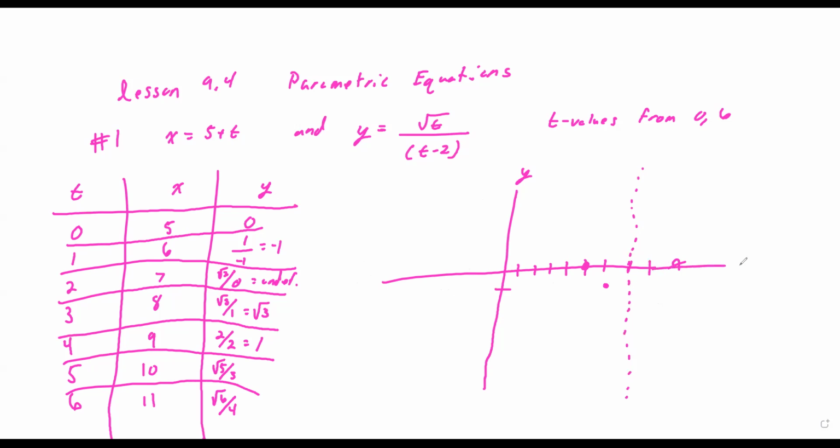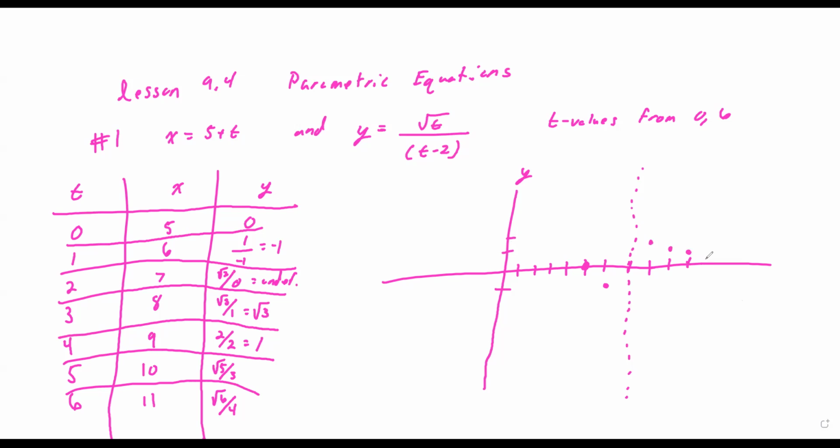Then 8. And then 8 would be at square root of 3, which is like 1 point something, so I'm going to round them out there. Then I get 9, 1, so that'd be about right here. Then I would get 10, square root of 5 over 3, but that's less than 1.